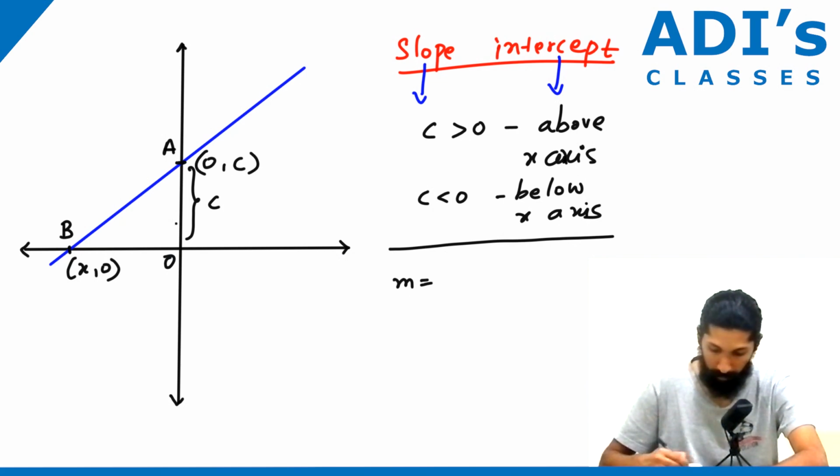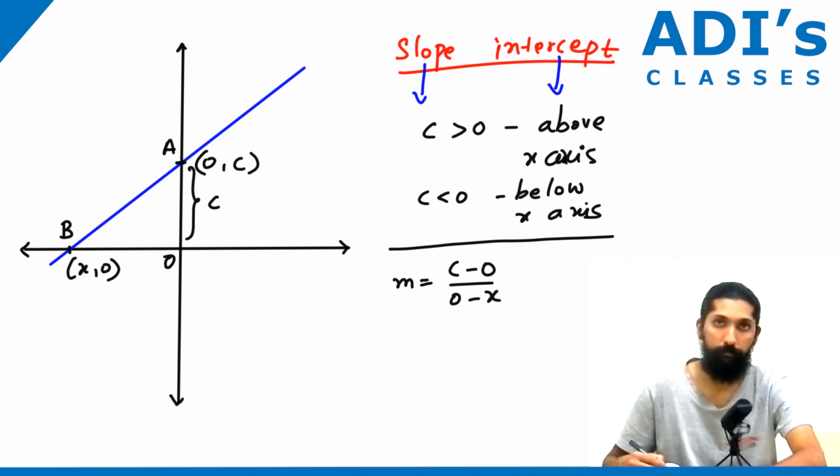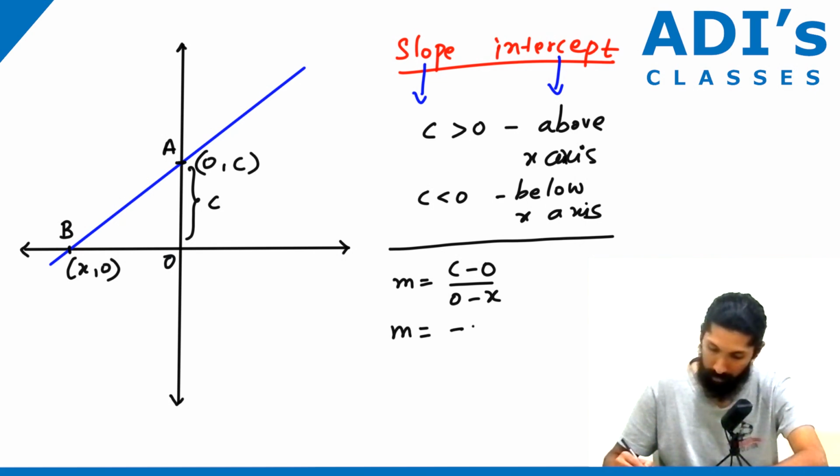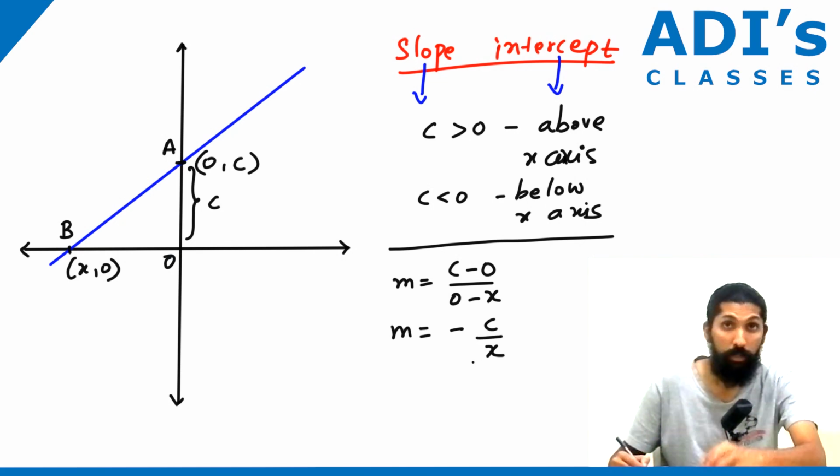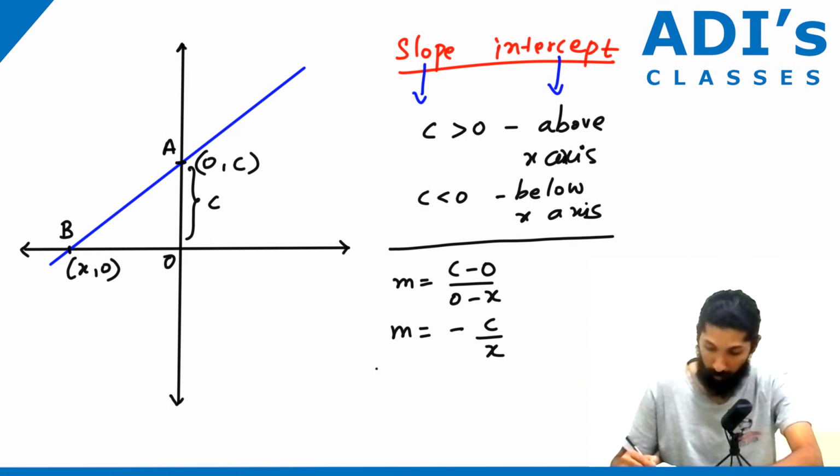So here it's going to become c minus 0 divided by 0 minus x. So m is equal to minus c divided by x. So what is the x value then? x is equal to minus c by m.